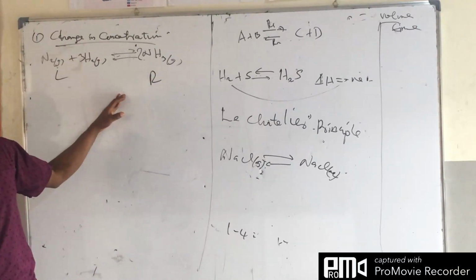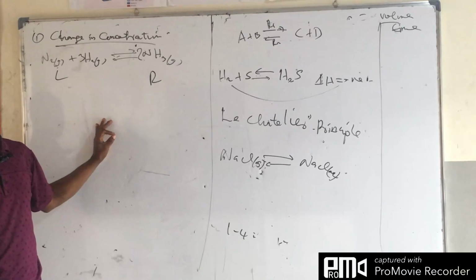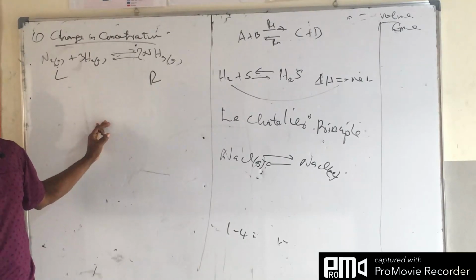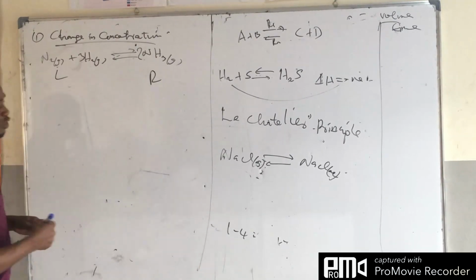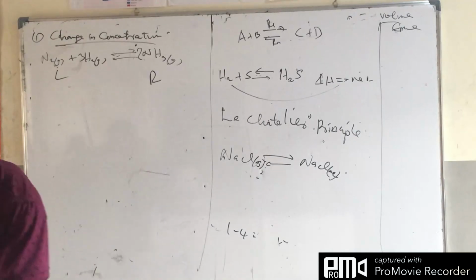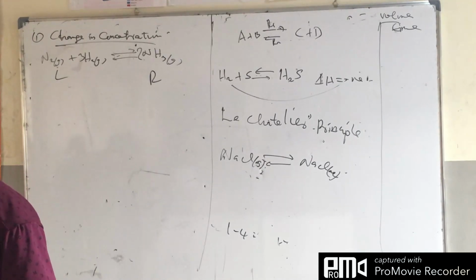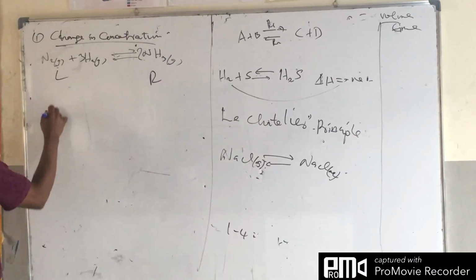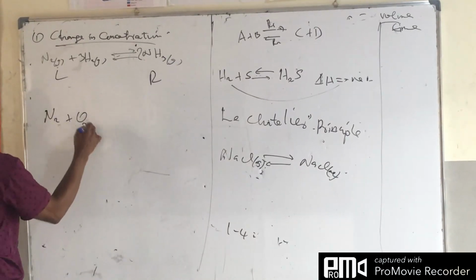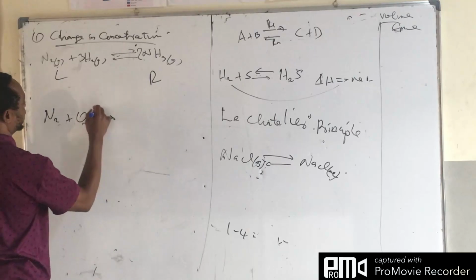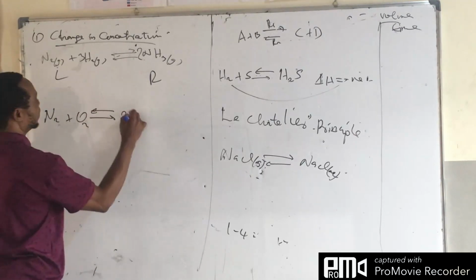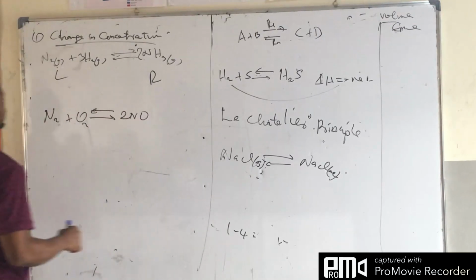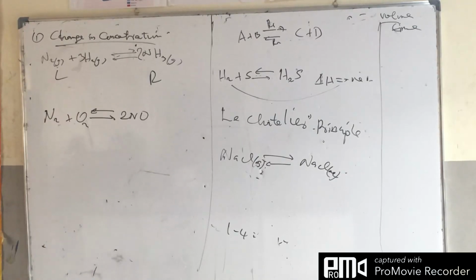So these are the major factors, three factors. You must know how to identify them in the equation. That's the major thing here, how to answer problems there. Sometimes you may have something like this that doesn't make sense, and you are asked what the effects are. Now N2 plus O2 gives us, look at this equation. Now you have this also in the system.